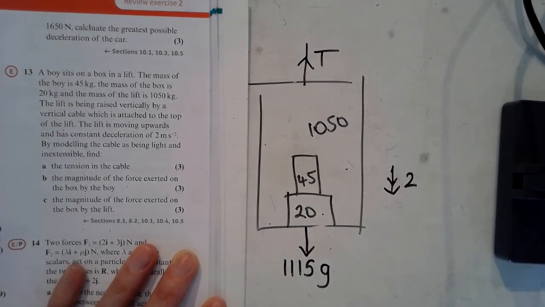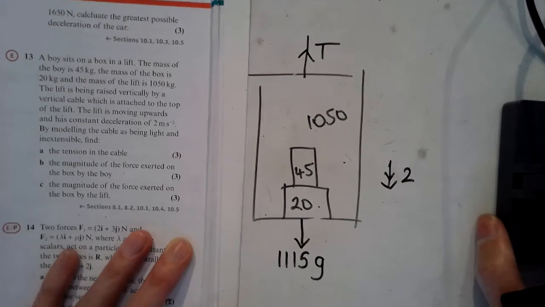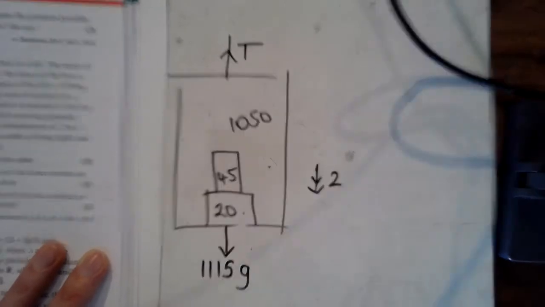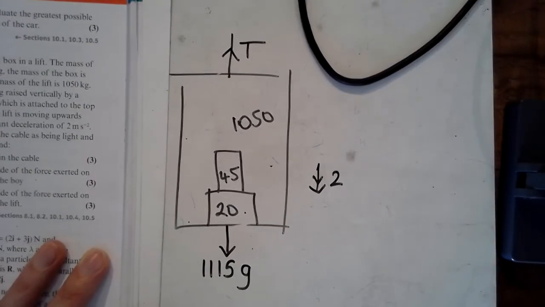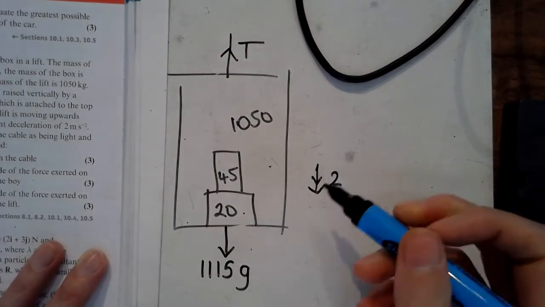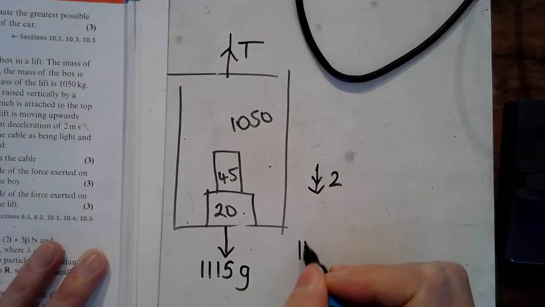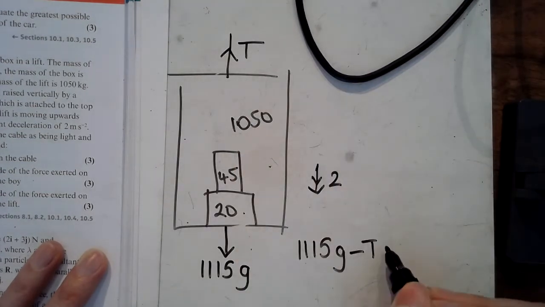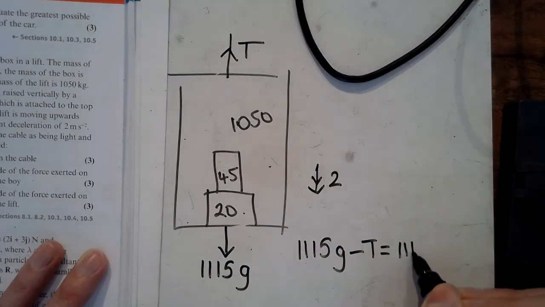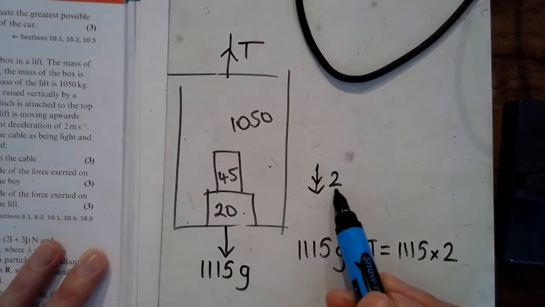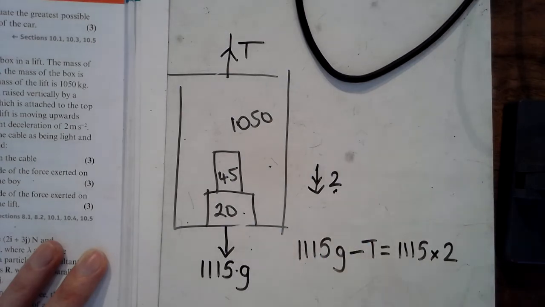Okay, now I'm just going to do a resultant force equals MA business on this. So forces going down are 1115 G, take away the force going up, is mass times acceleration, which is down of 2. So these should both be the same sign as each other because they're both going in the same direction.